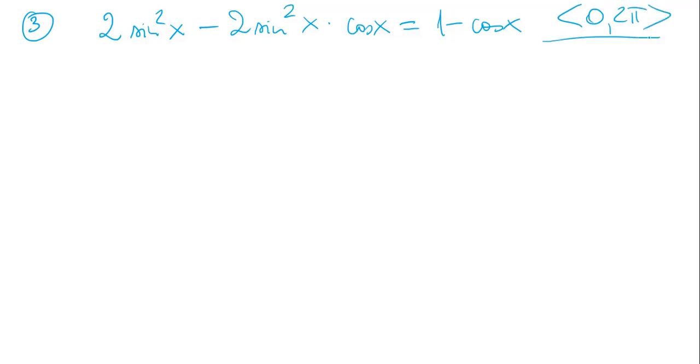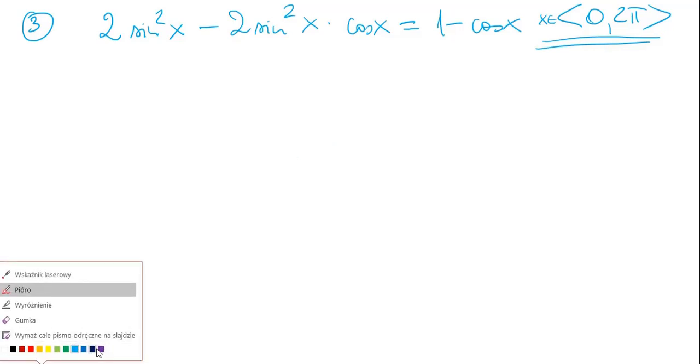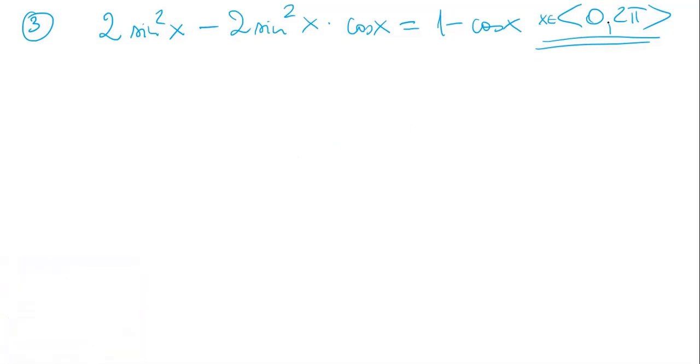And here we have an interval, of course, for x. Let's emphasize it here. So the interval is for x. This is our equation. I think it's very easy. If you just take a look at it, we see that we have exactly the same expression in both terms.